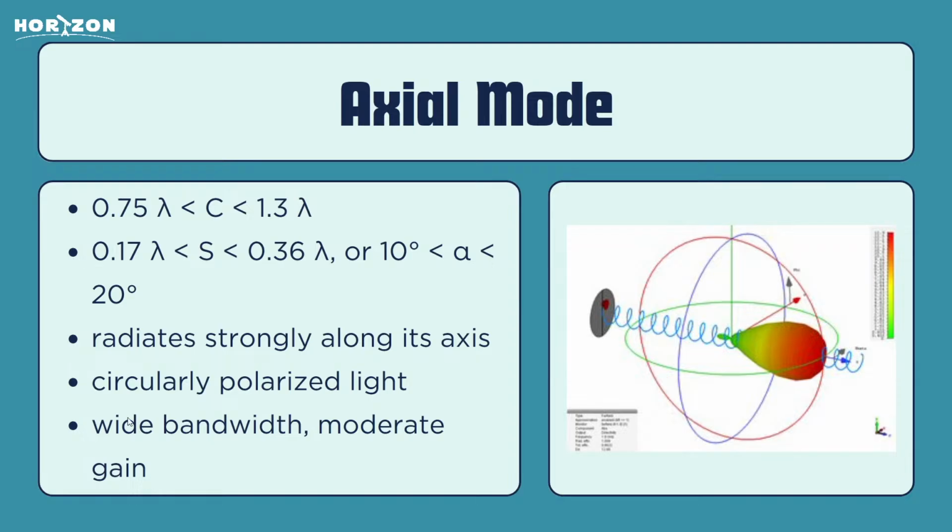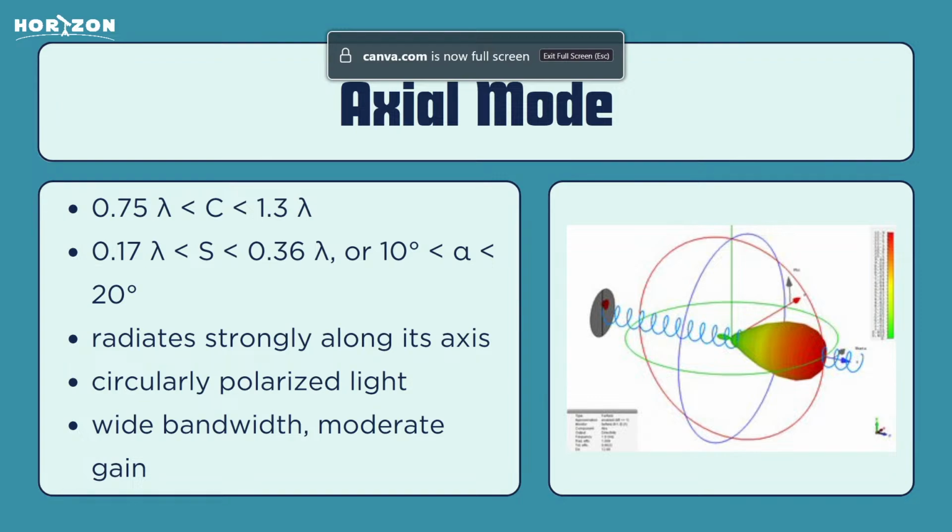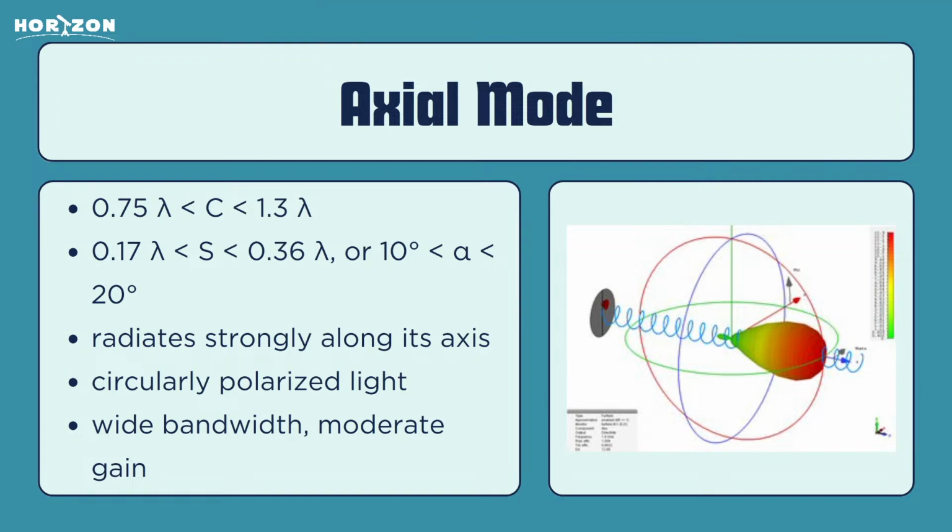The axial mode of the helical antenna was discovered by John Kraus, and it occurs when the value of the circumference is comparable to the value of the wavelength. There's also a criterion for the pitch of the antenna.